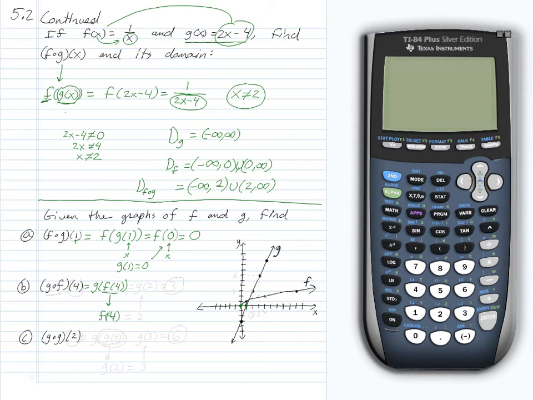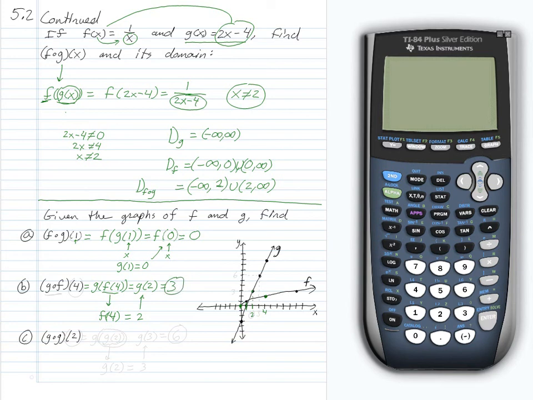F of 4, if we come over to 1, 2, 3, 4, f is at a height of 2. So we'll plug that back in. This is g of 2. Now if we look on the graph of g, switching to the linear graph, if we come over to 2 and come up to our graph, we're at a height of 3.